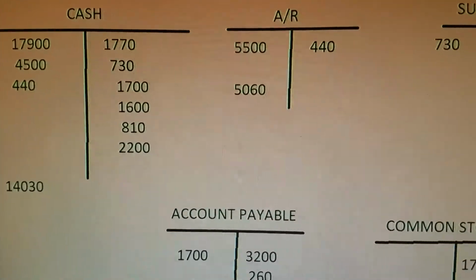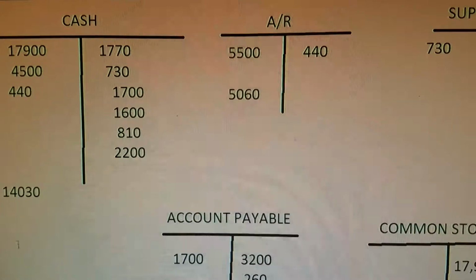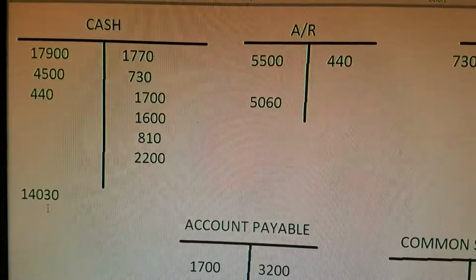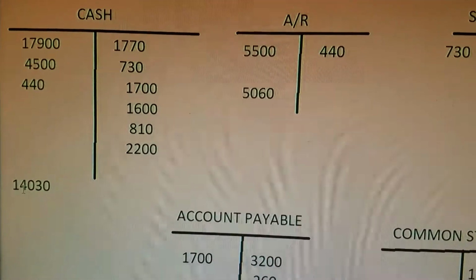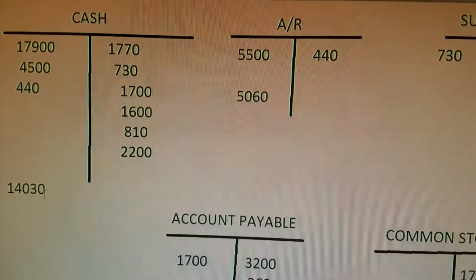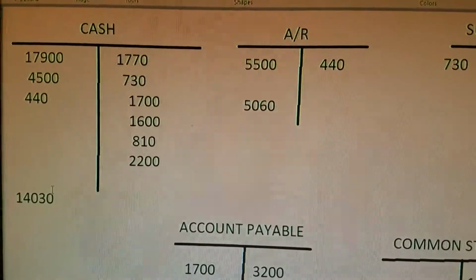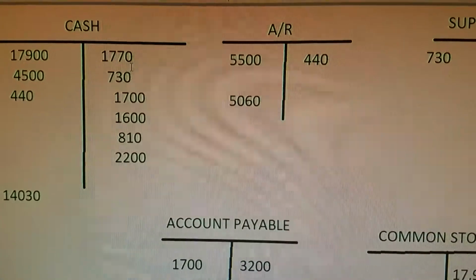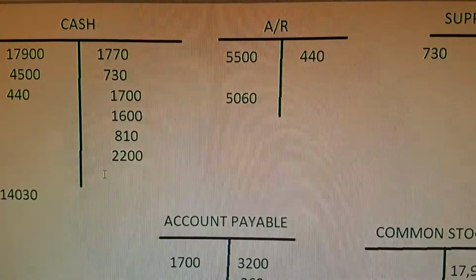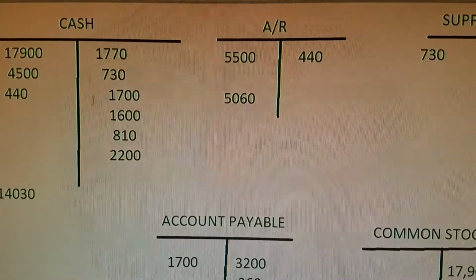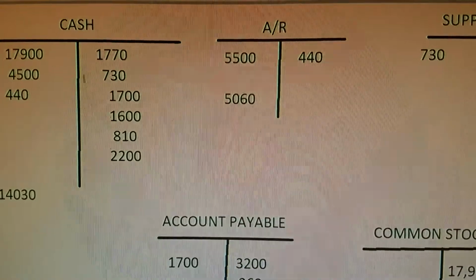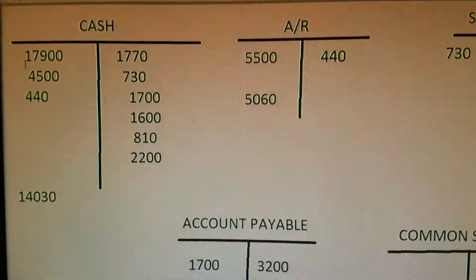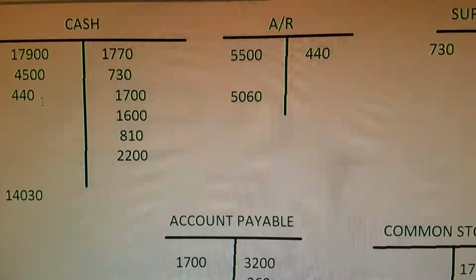So the 9 items I recorded into the account give us a final balance of $4,030 as cash in the company. Most of those transactions recorded here are credits, money going out from the company, and those 3 are money going into the company, debits.